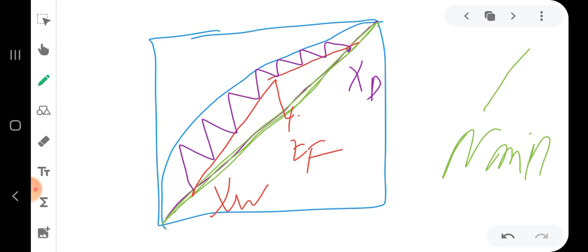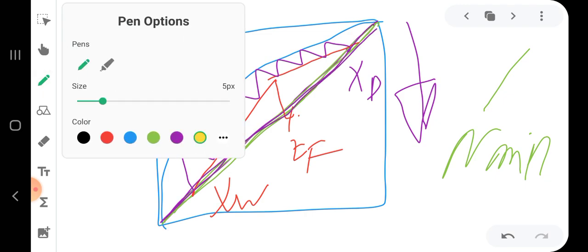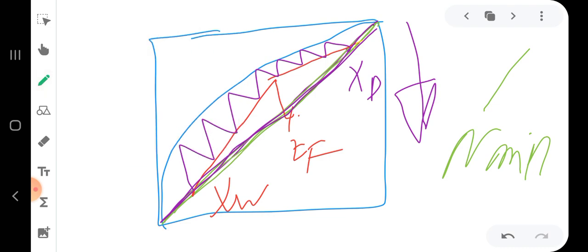That's why as you move the operating line down until it coincides with the 45-degree line, you will get the minimum number of stages, because the number of times that you hit this equilibrium curve will become less.